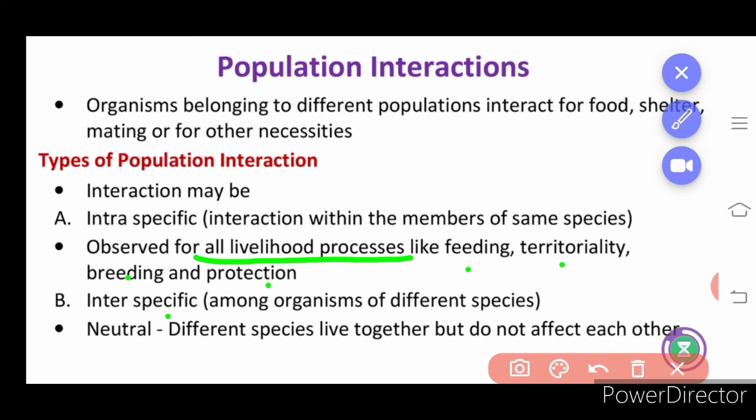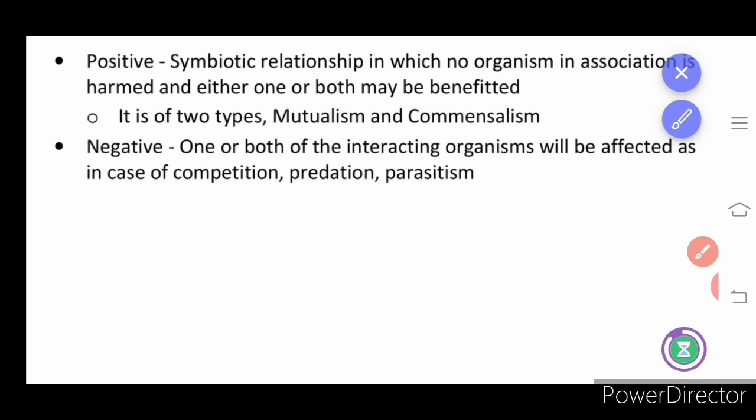Interspecific can be neutral, where different species live together but don't affect each other. Positive interaction can be a symbiotic relationship, mutualism and commensalism, and negative interaction can be competition, predation and parasitism. All these things we have learned earlier.